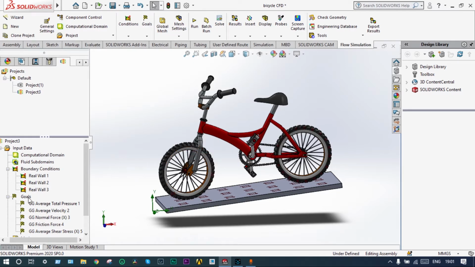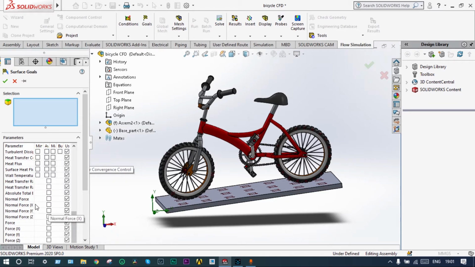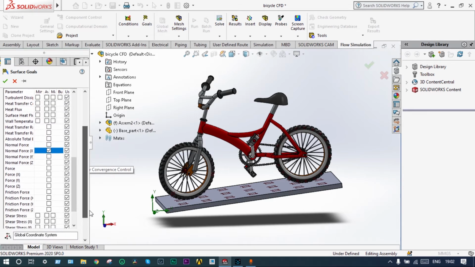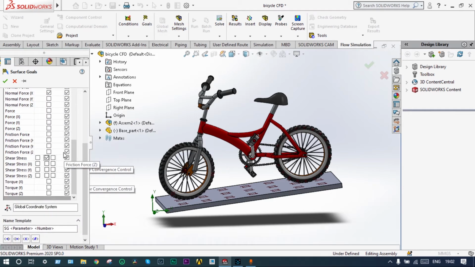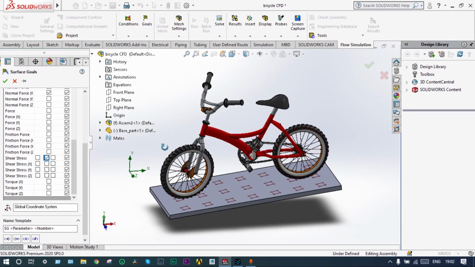Again, we want to see some surface goals also. So insert surface goals. We want to see average total pressure, normal force in the x direction, average shear stress, and we have to select those specific surfaces, right? We'll select the surfaces one by one. It will take some time.